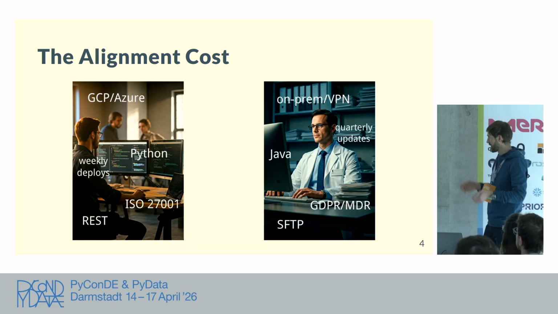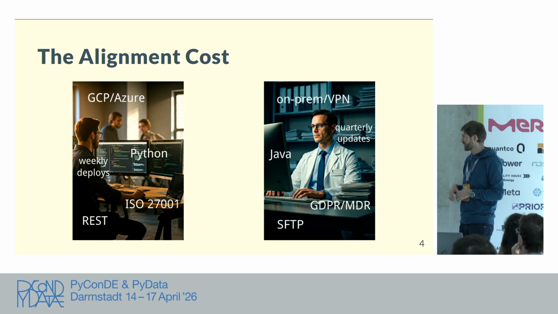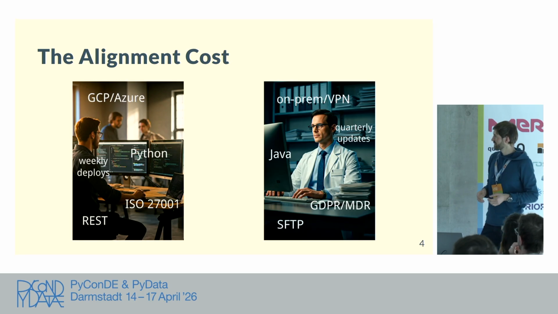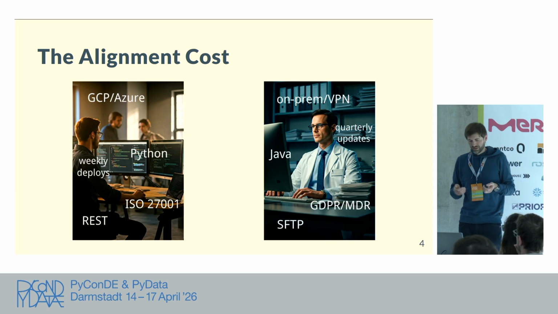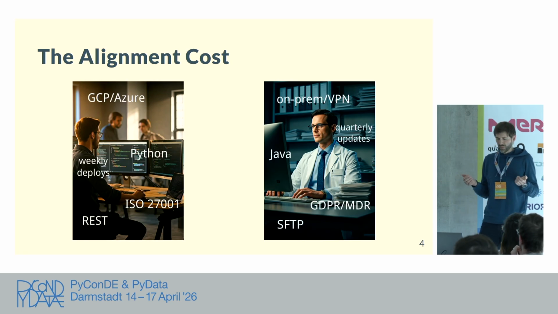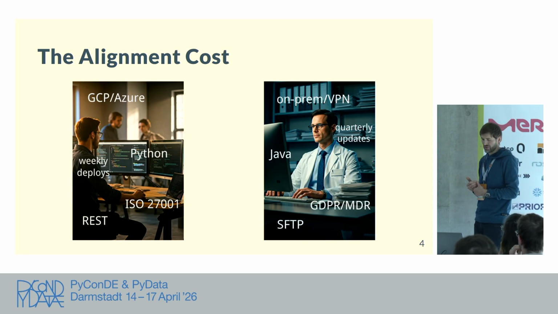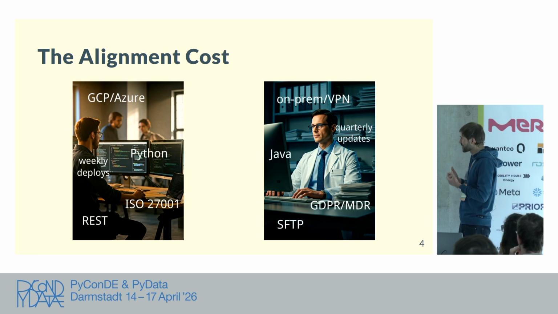They do deployments, the other one does updates. They have different compliance regimes. They use different technologies for data interfaces. So there is a huge alignment cost here. They have to build a solution that works for both of them, and that's usually what happens.